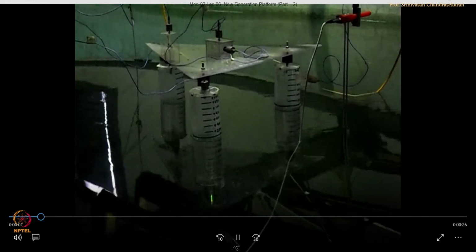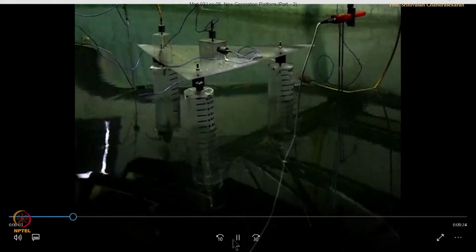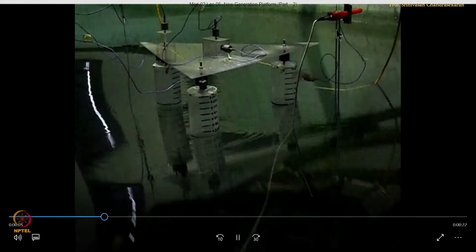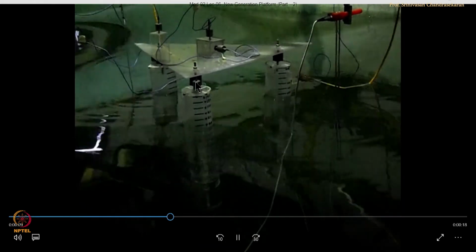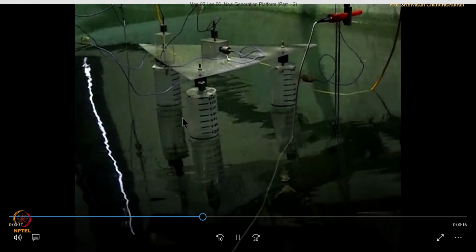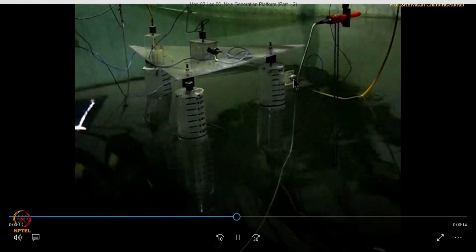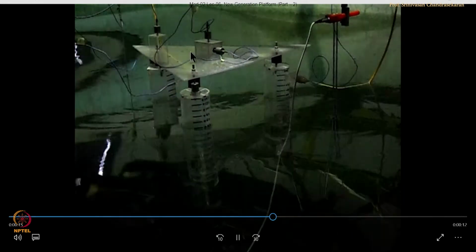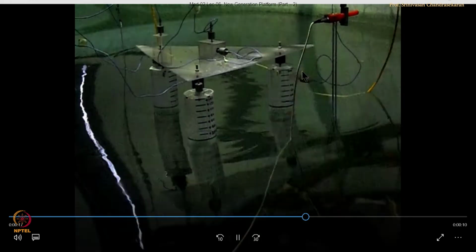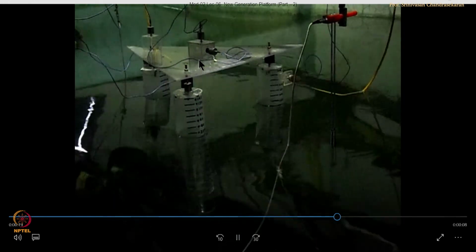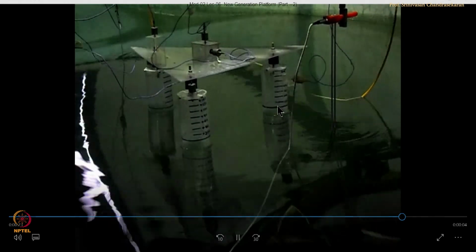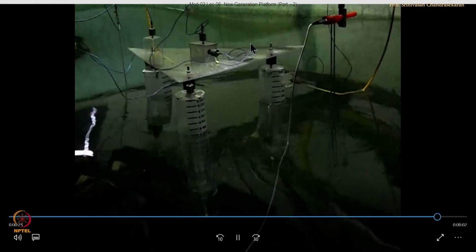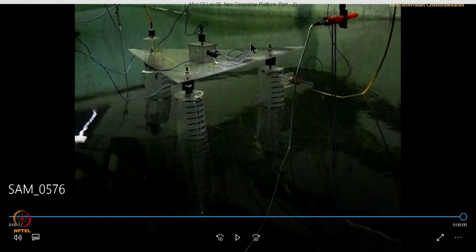It is a triangular deck with the legs, buoyant legs are connected to the deck using a ball joint. Wave is hitting the legs, legs are rotating about this pivotal point, but you can see here the deck remains almost horizontal. It means the roll and pitch motion of the buoyant leg are isolated from getting transferred to the deck, which is the advantage of the whole system design.